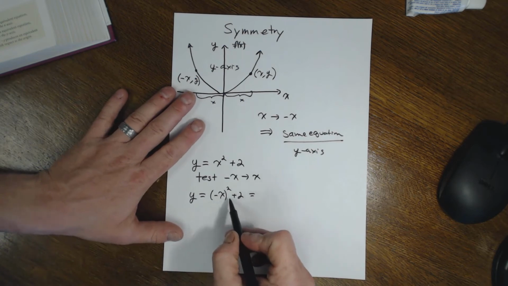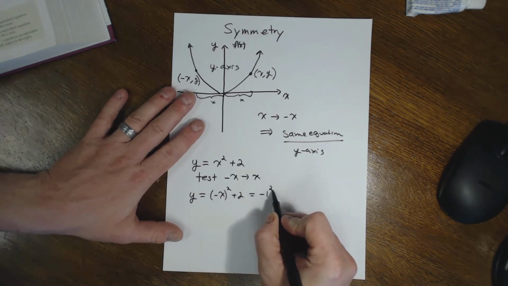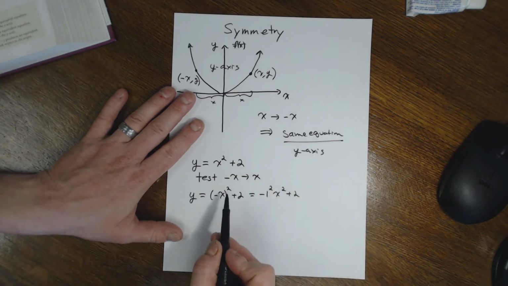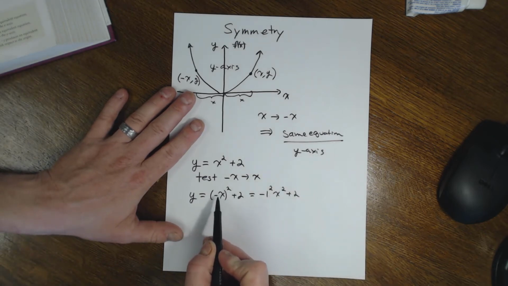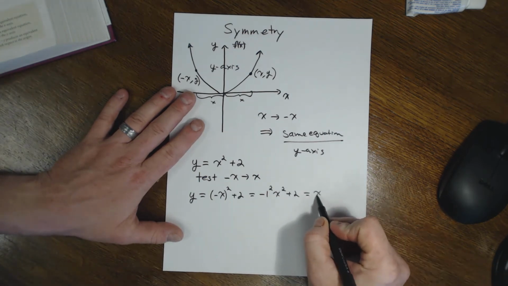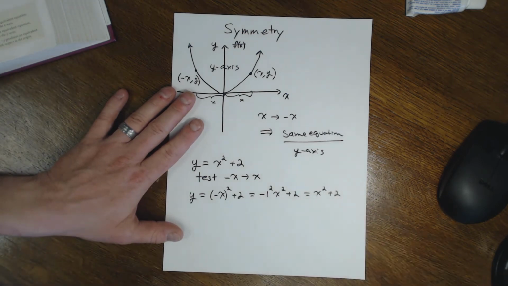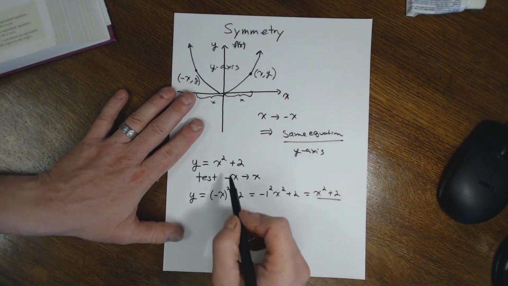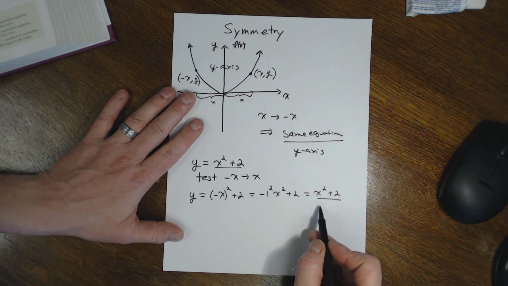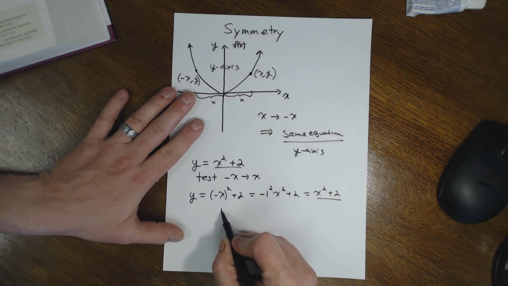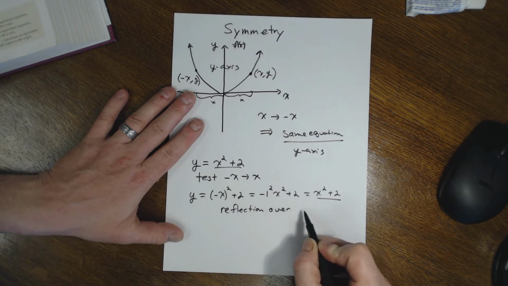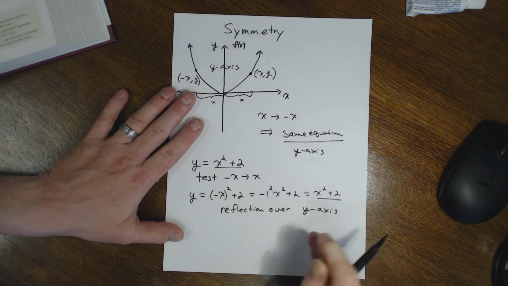Well, I'm going to take this minus x squared, that's going to be minus 1 squared, times x squared plus 2. I'm going to distribute the squared to both the minus and the x. And then this becomes x squared plus 2, which is the same as what I started with here. So therefore, this is the test for symmetry, and it is a reflection over the y-axis.